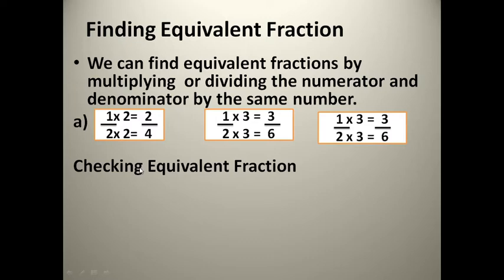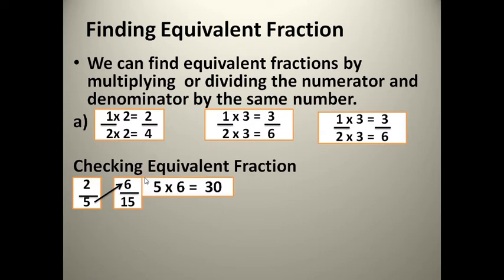So how can we check equivalent fractions? When I say this is an equivalent fraction or this is not, if we have two fractions, how do I know whether they are equivalent or not? I will multiply 5 by 6, it is equal to 30. Now I will multiply 2 by 15, it is equal to 30.